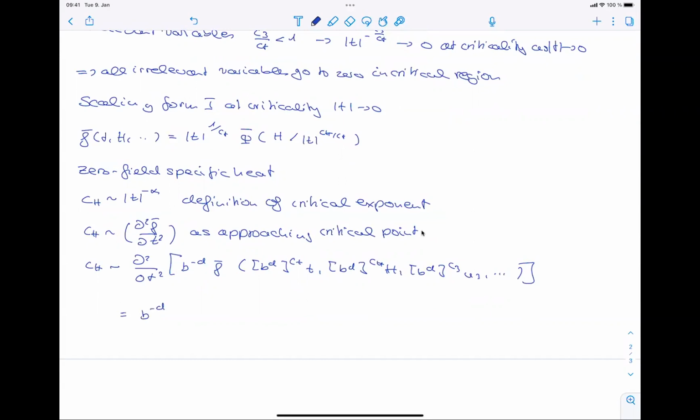And from the derivative with respect to t, I would get twice these factors, so b d ct twice.